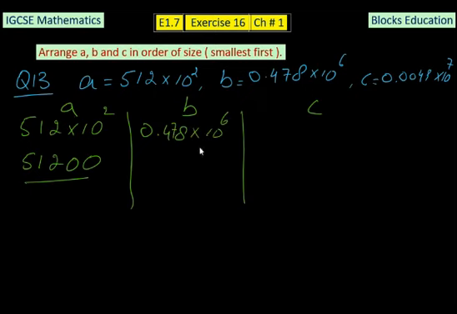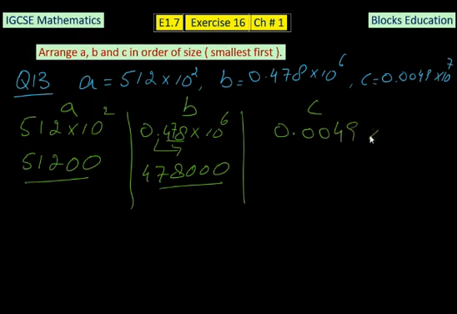So you are multiplying by 10 to the 6, it means that you have to move this decimal 6 places toward the right. So 3 places for this one, it means it will add 3 zeros, so it is 478 and 3 zeros. So this is the number in B.